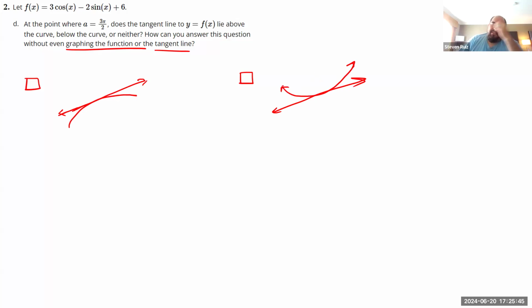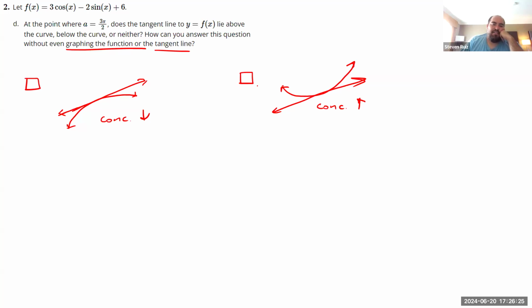So what's the difference between these two curves? Probably lots, but the one that's most relevant to what we're doing here is that in this case, on the left-hand side here, this curve is concave down. And on the right-hand side, this curve is concave up. So in order to answer this, there's one more thing we should look at here.